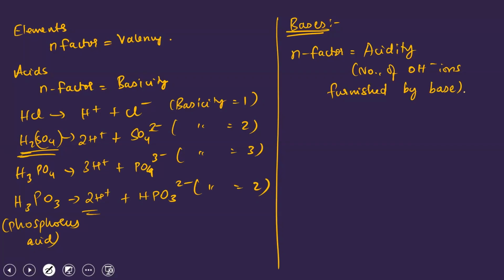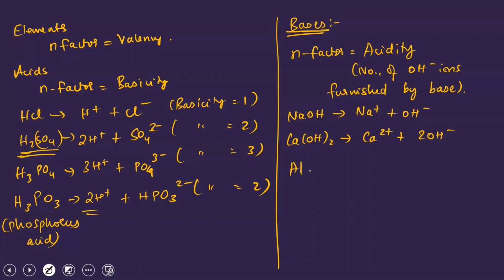Clear? So now if you take NaOH, it will be Na plus and OH minus. If you take calcium hydroxide, it will be Ca2 plus and 2OH minus. Clear?